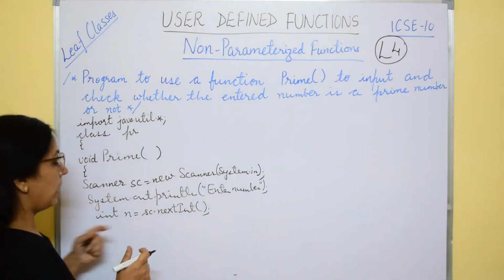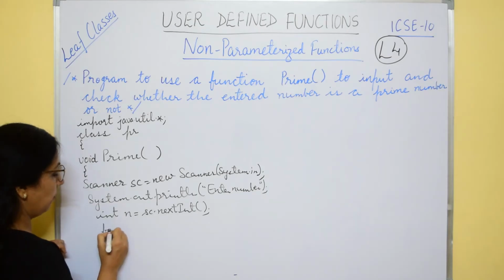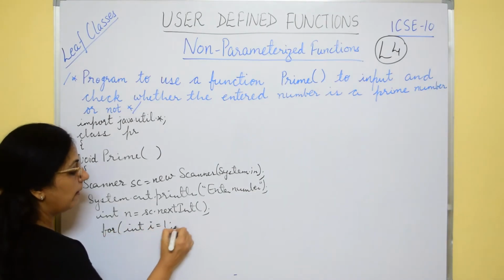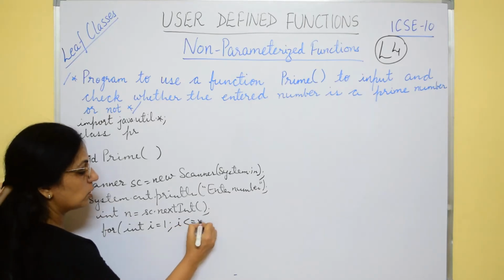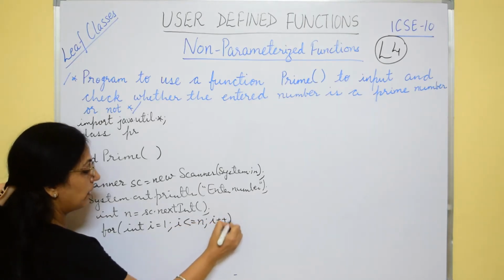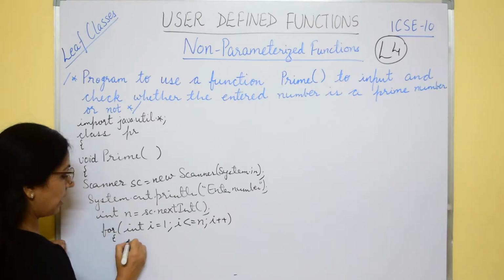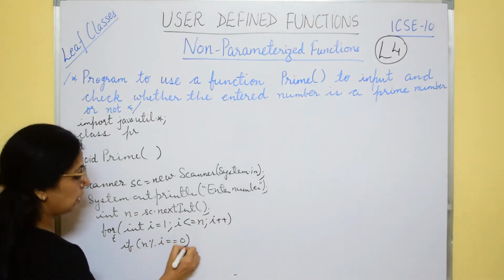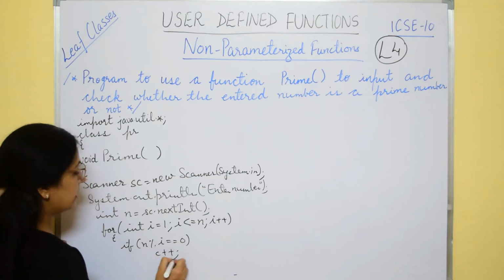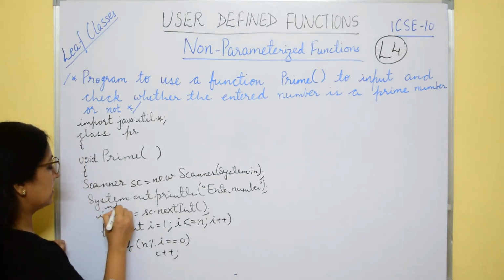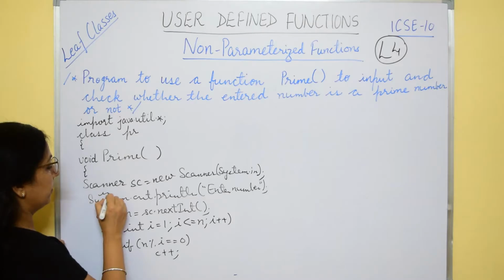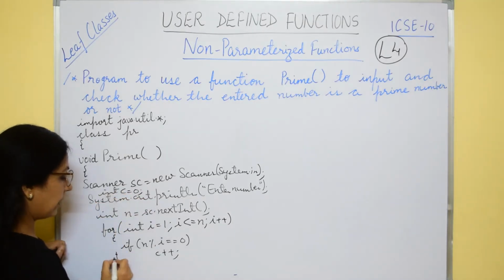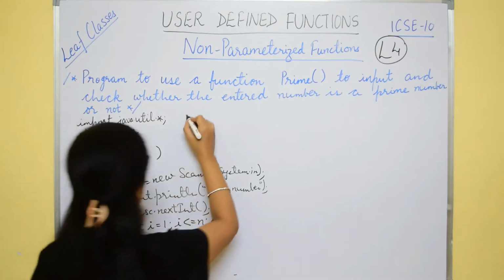So here we have to take the loop for int i = 1, i <= n, i++, and here you will check if n % i == 0, c++, and here I can take int c = 0.